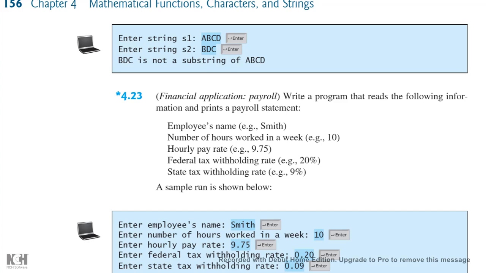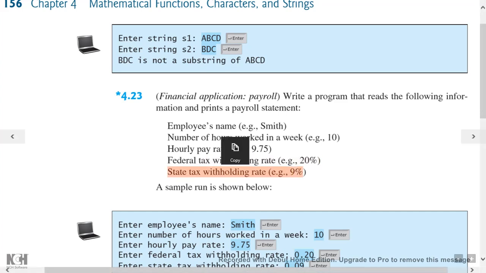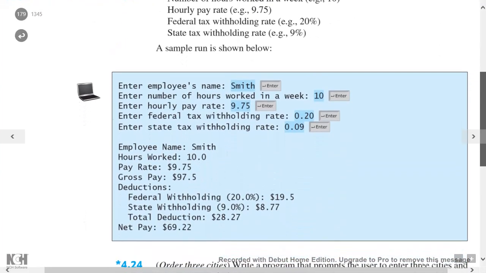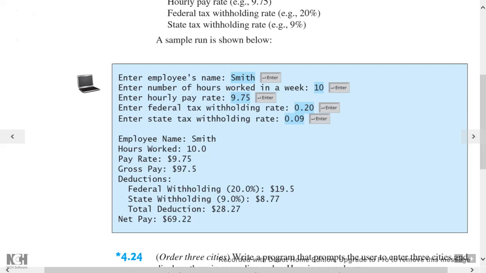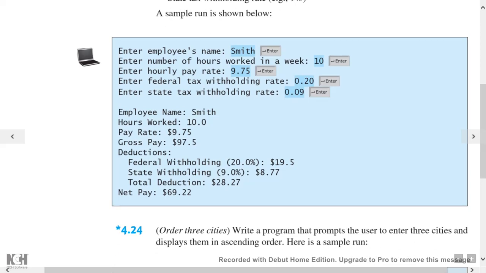A state tax withholding rate, for example, is 9%. A sample run is shown below. So basically we'll retrieve a name, number of hours worked in a week, hourly pay rate, federal tax withholding rate, and so on, as you guys can see. And then this is what we have to display. We have to display something like this.